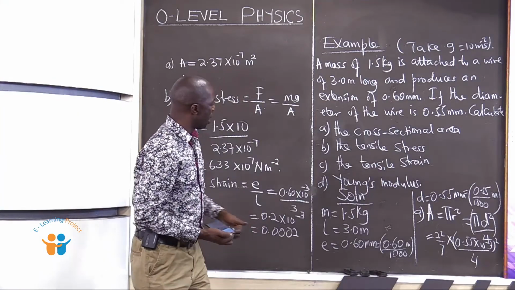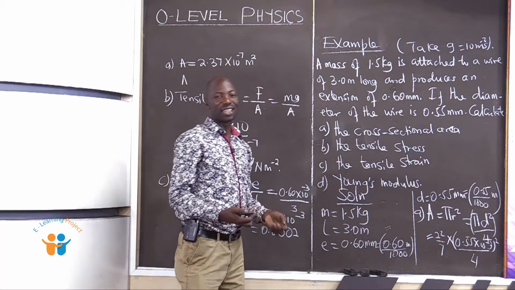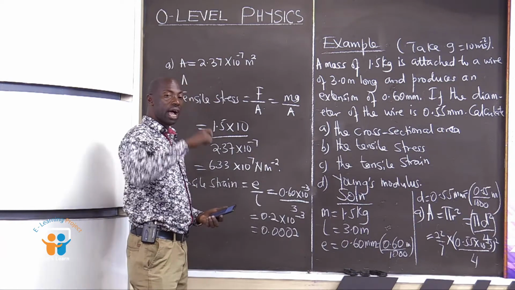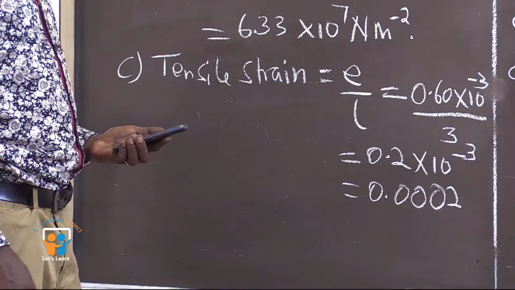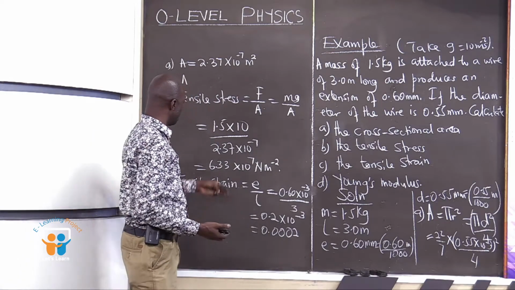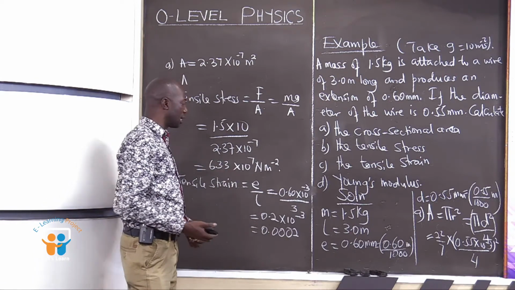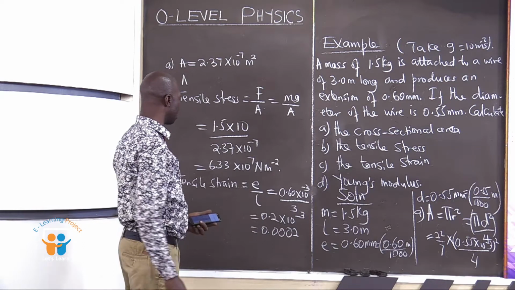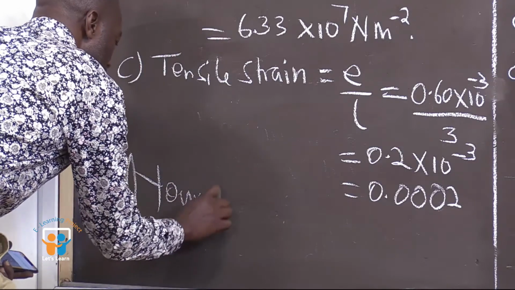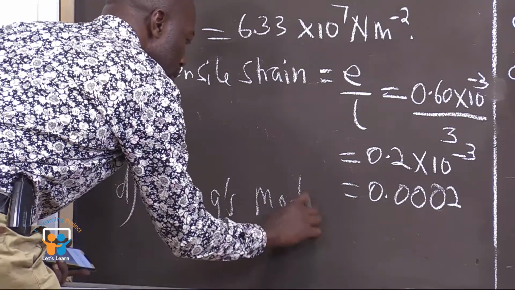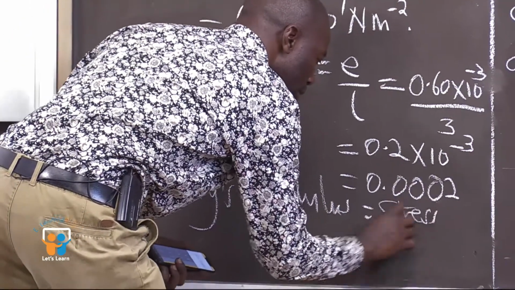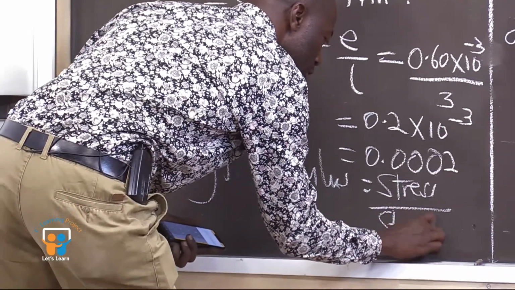Now, our last task is to get Young's modulus. Remember, it's getting easier and easier because we are applying our knowledge of the definitions. Young's modulus, as we said, is stress over strain. So we are just going to divide this by this, and we are going to get what we call our Young's modulus. So in D, Young's modulus is equal to stress over strain.